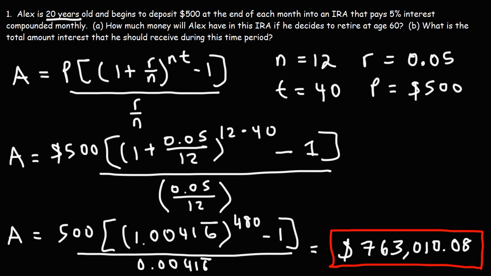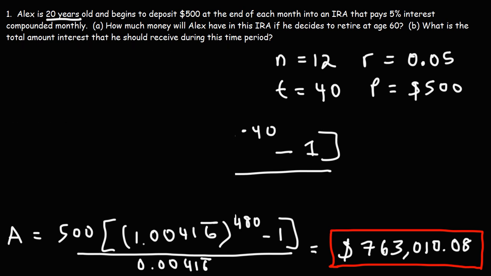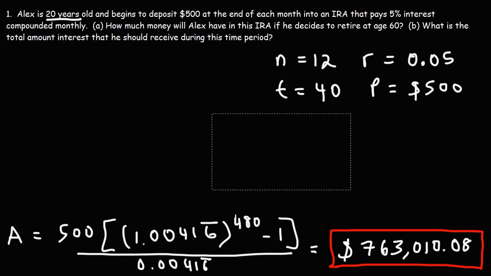So now let's move on to part B. What is the total amount of interest that he should receive during this time period? In order to get that answer, we need to determine how much money he will put in over this 40-year period.